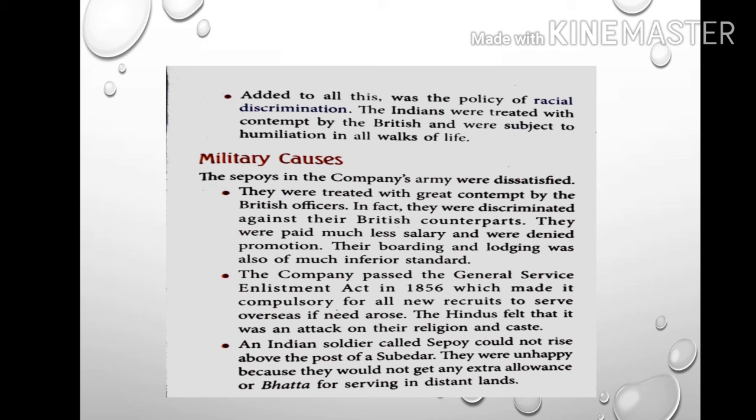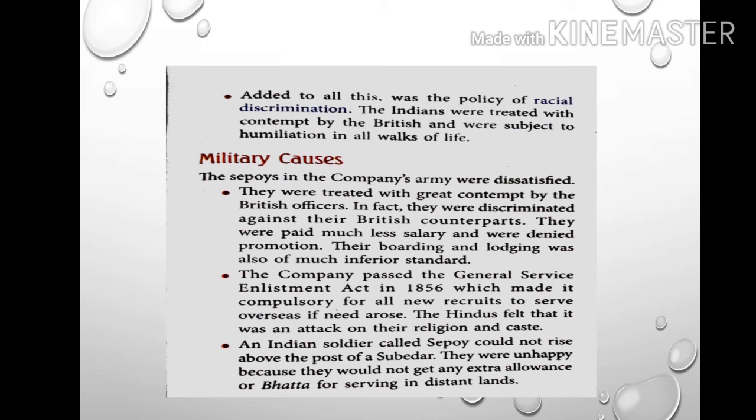Means if two soldiers are on the same post, one Indian, one British, then the British at that time was taking more favors, more allowances, more salary, more respect than the Indian counterpart. Their promotions were better, their salary was better, their boarding conditions were better.